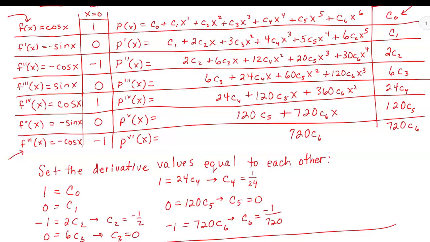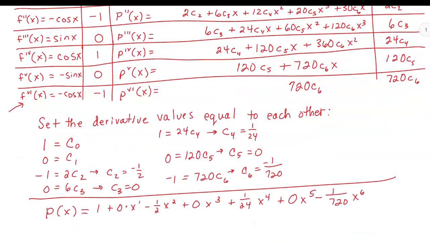We're going to lose that term in just a moment. The next coefficient is negative half times x squared plus 0 times x to the third plus 1/24 times x to the fourth plus 0 x to the fifth minus 1 over 720 x to the sixth.